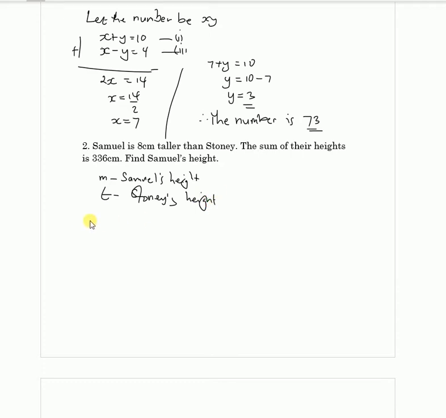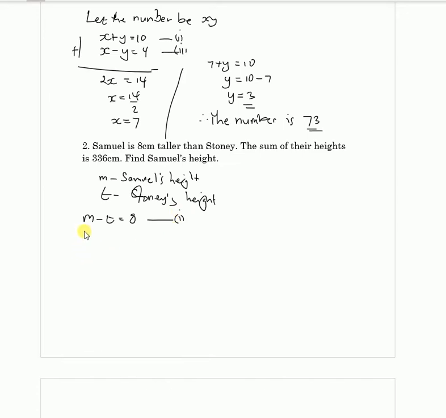Now when I get the height of Samuel and subtract the height of Stoney, I get 8. This is the same as saying M's height is T, the one for Stoney, plus 8. Call that equation 1.